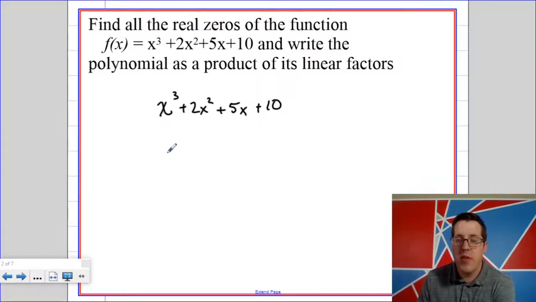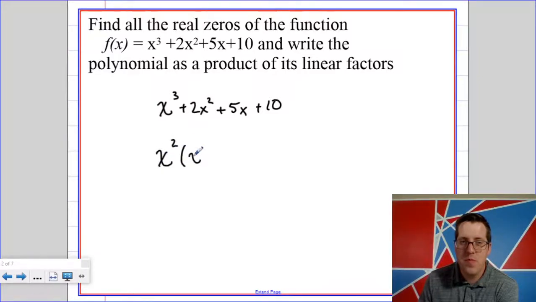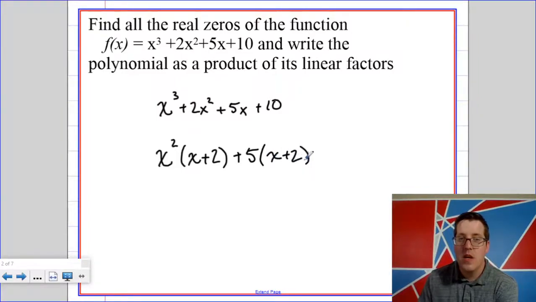So, some things to remember. You still know how to factor by grouping. So if you can find a way to factor by grouping, your life is going to be a lot easier.